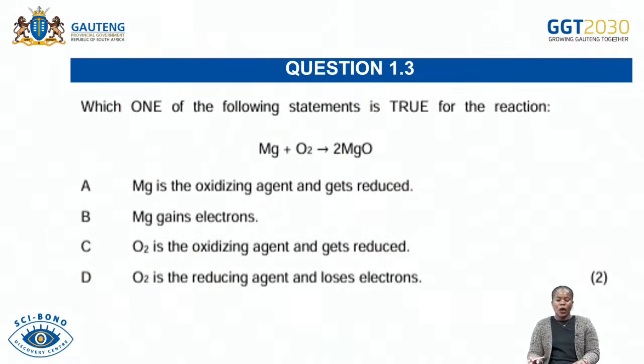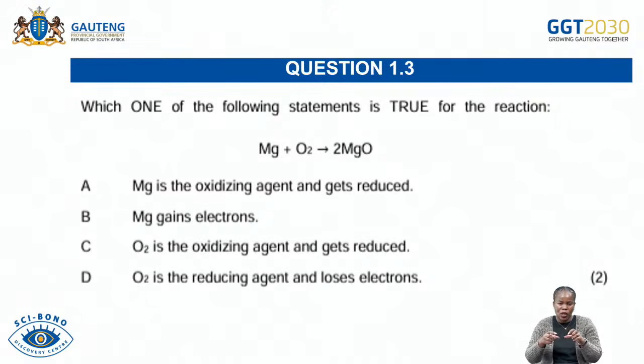1.3. Which one of the following statements is true for the reaction? Okay, so we've got magnesium reacting with oxygen and forming magnesium oxide. Let's assign the oxidation numbers before you even look at your possible answers.